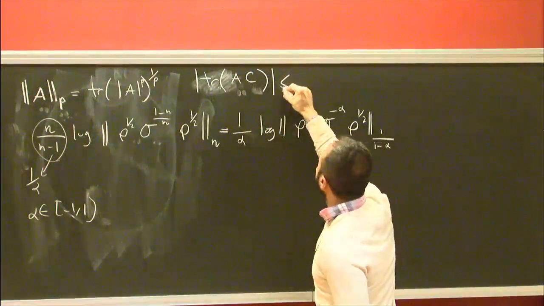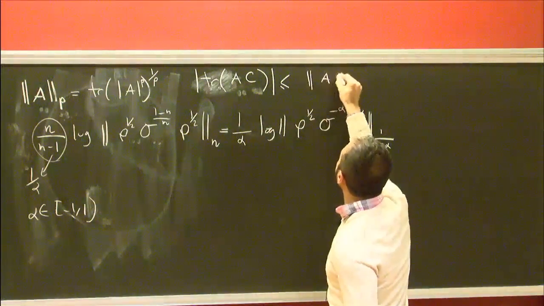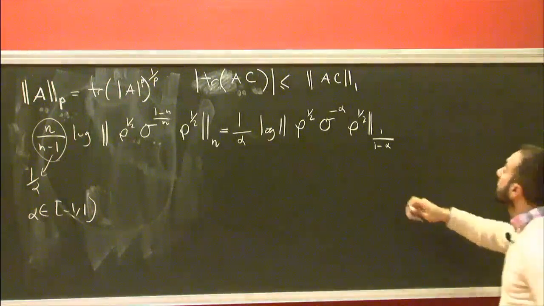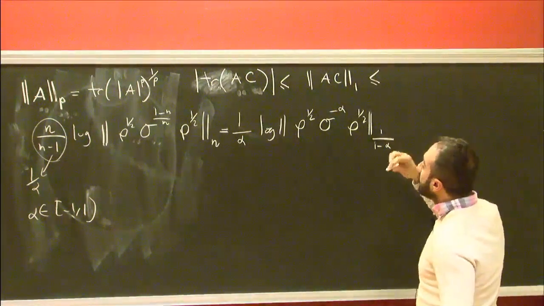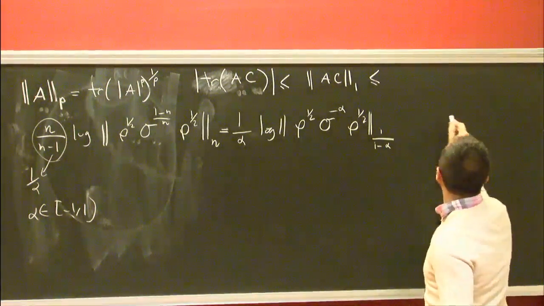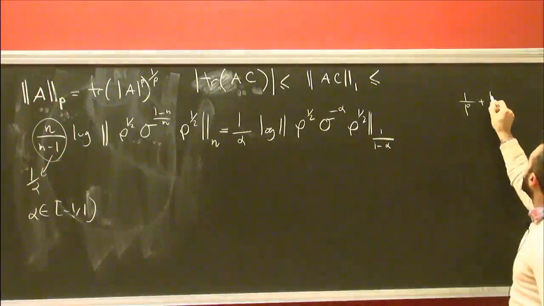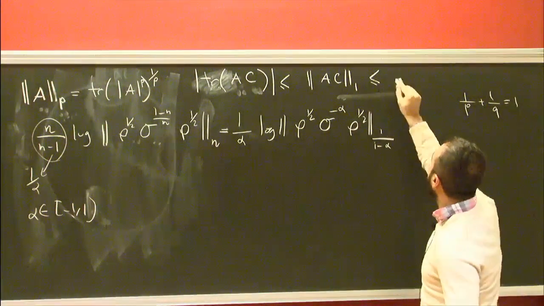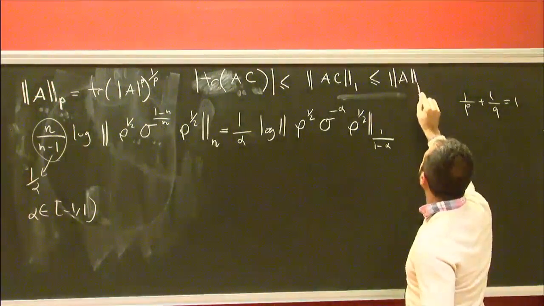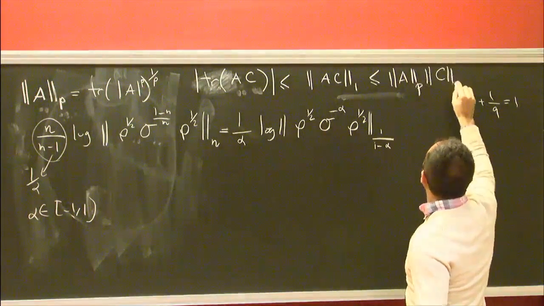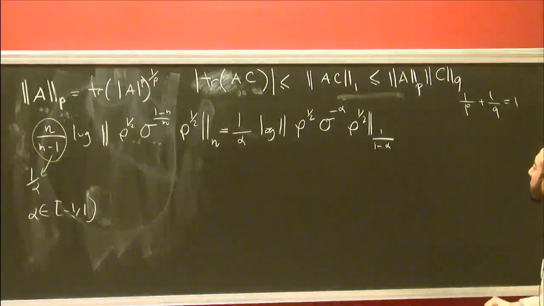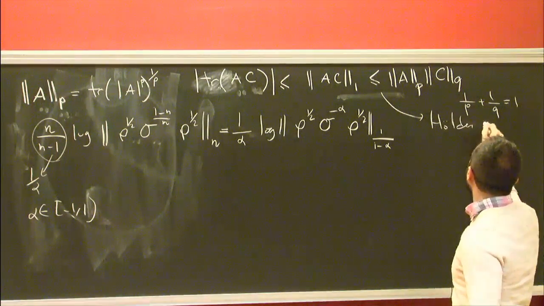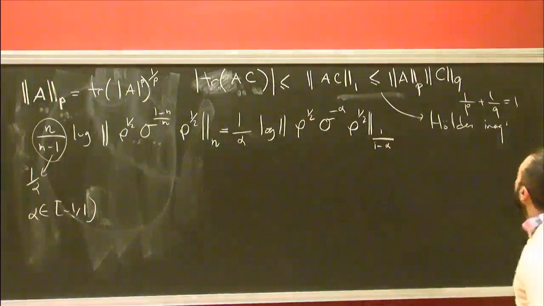This is clearly less than the AC 1 norm, right? That's obvious. And the statement of Holder inequality is that for P and Q satisfying this relation, this inequality holds. Unfortunately, I will not have time to justify it. You can find it on Wikipedia and read about it.